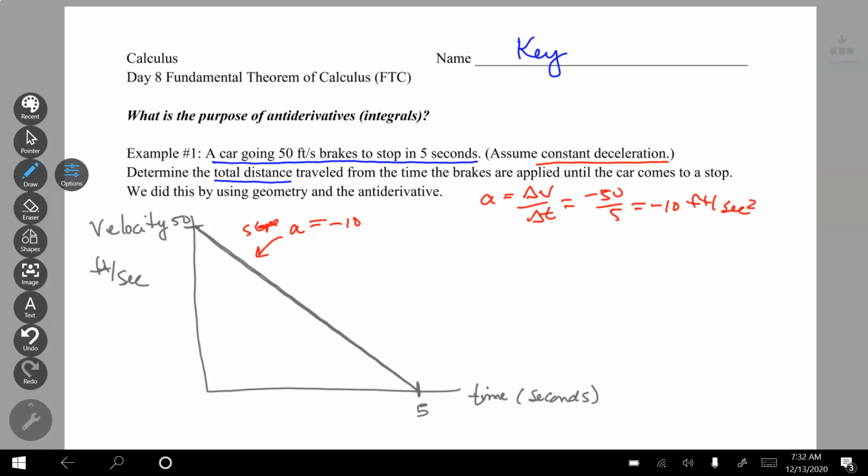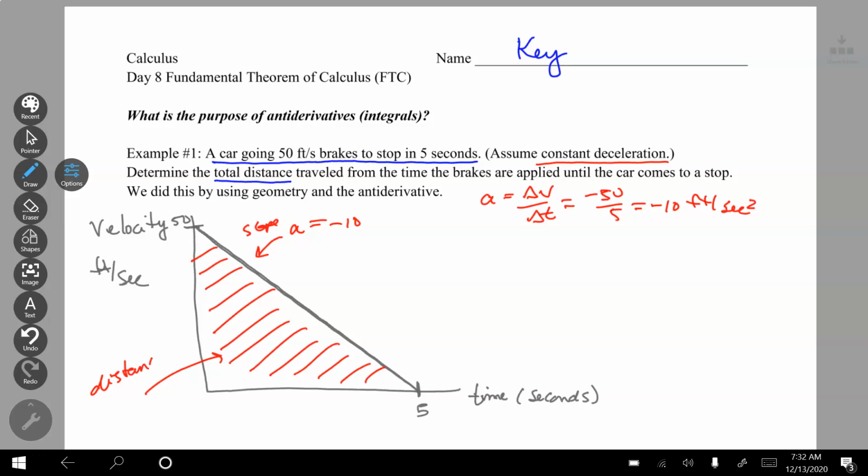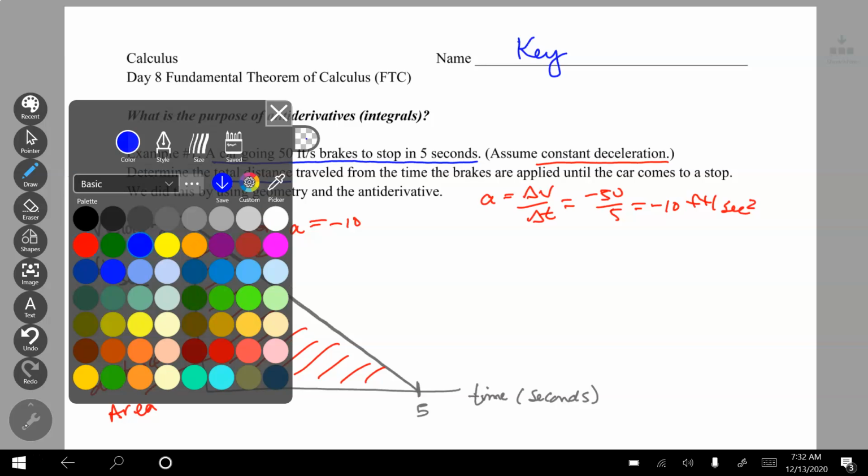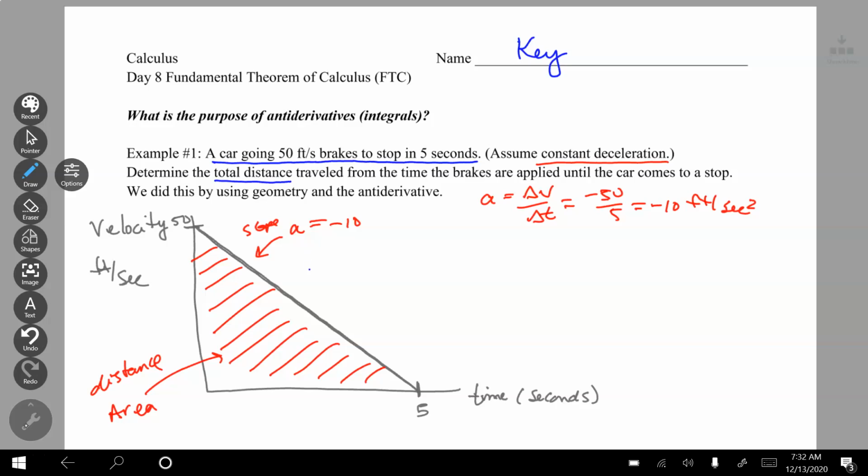And then when we found the total distance, the distance was just the area under the curve. Well, if that's the slope of the line, the equation of this line is v equals negative 10t plus 50.